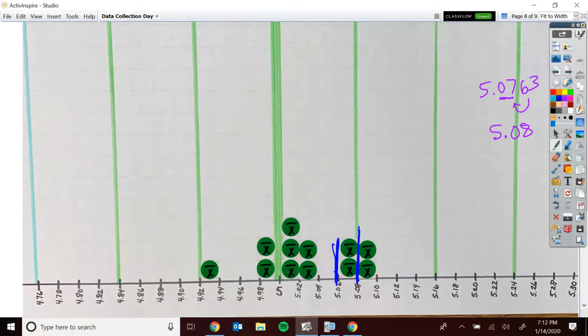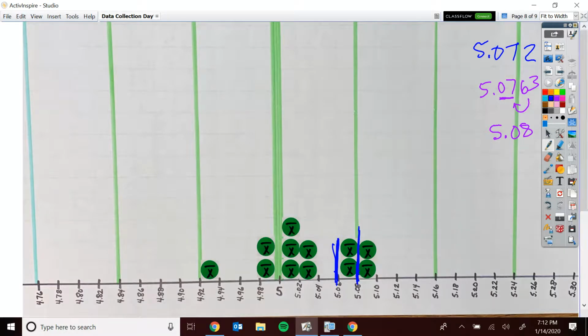So if I had had a number 5.072, then this 2 would have caused this 7 to stay a 7, and then my data, being 5.07, would drop into this space to the right of 5.06, not past the 5.08.